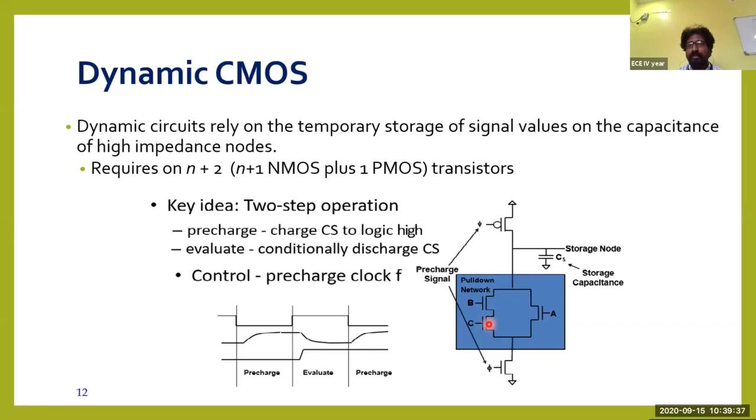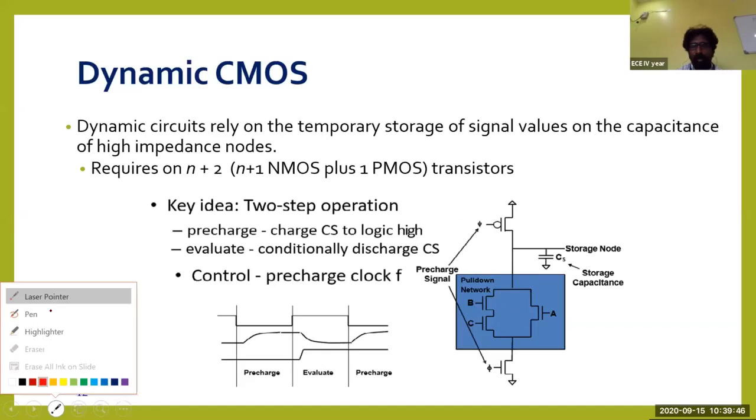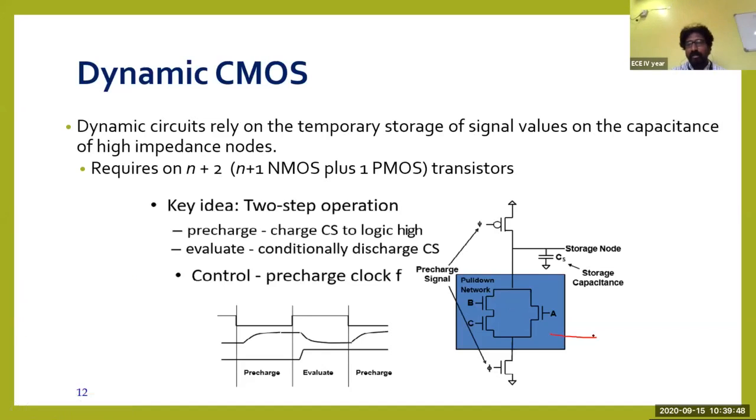If NMOS are in series, it means B.C plus A. The Boolean equation for this network is Y equal to A plus B dot C.